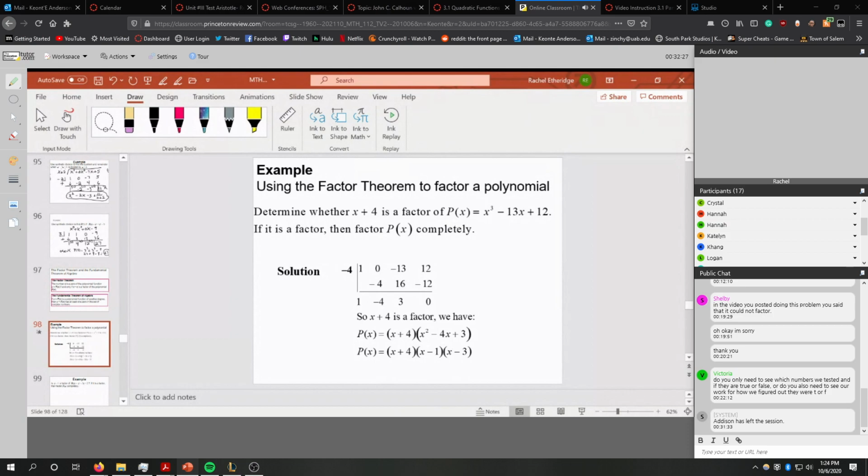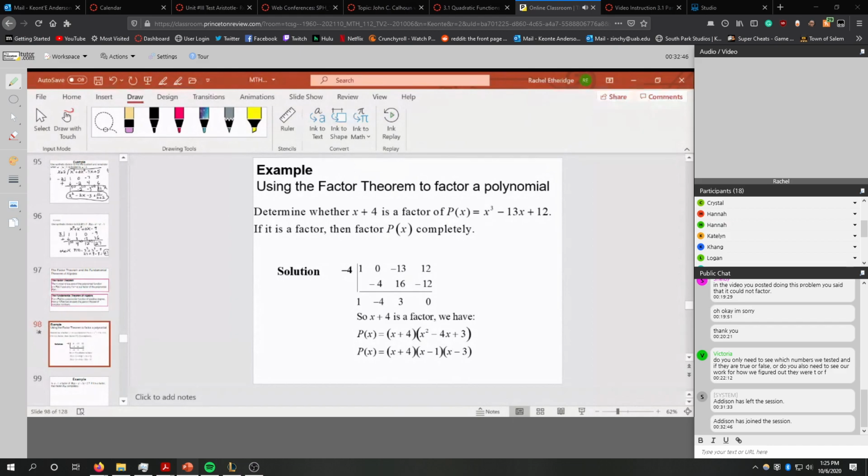So it helps us to be able to break down a higher order polynomial into something that we can factor or we can find the remaining zeros. So I'm not going to do that one because the steps are already done for you. I'll do the next one though. So that's just an example that's already worked out.